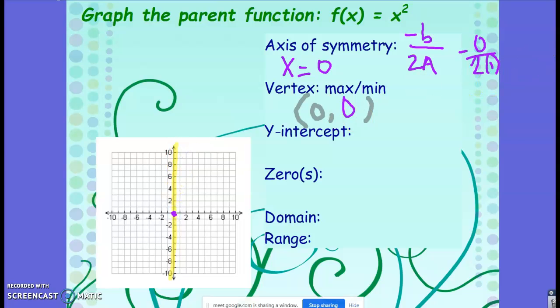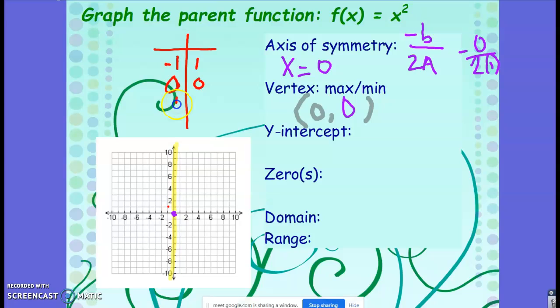All right, now we're going to graph a few extra points so we can see the shape. I always like to put my vertex in the middle and go up a few points and down a few points. So if I make this -1, -1 times -1 is +1. So that's going to go at -1, +1.